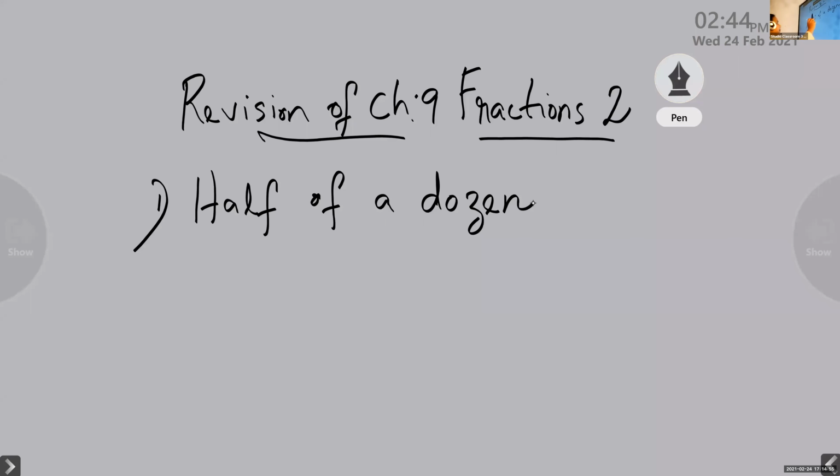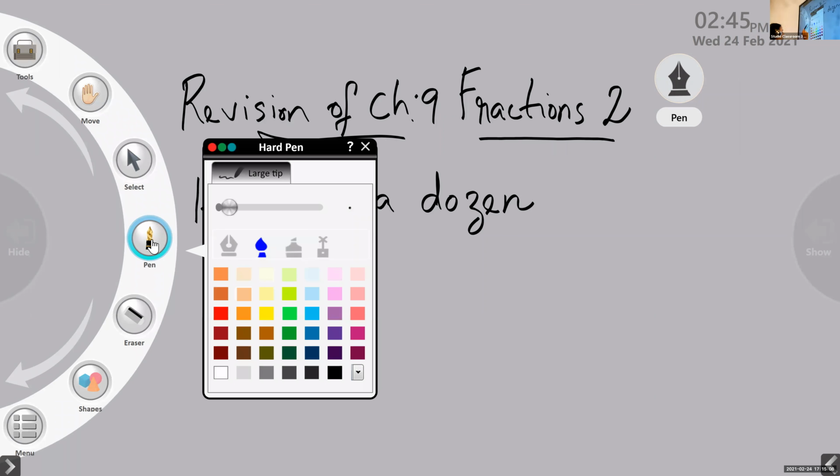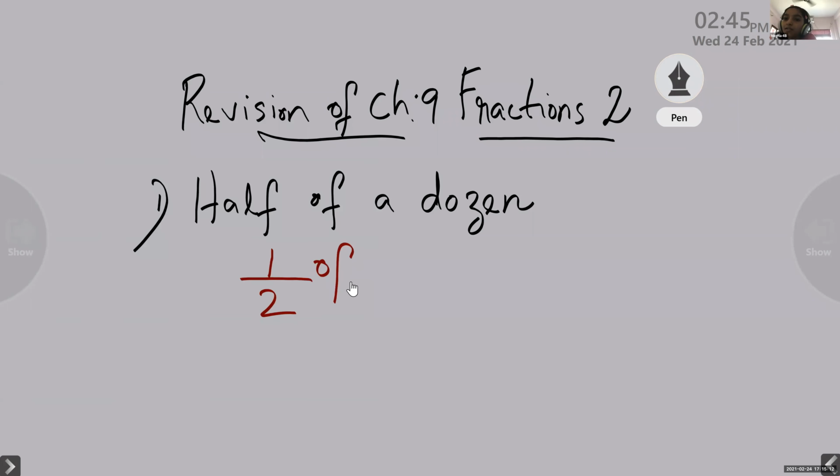So children, to find the fraction of a number, what should we do? We should multiply. Tell me, half of a dozen. What is a dozen? 12, yes. Half of 12.